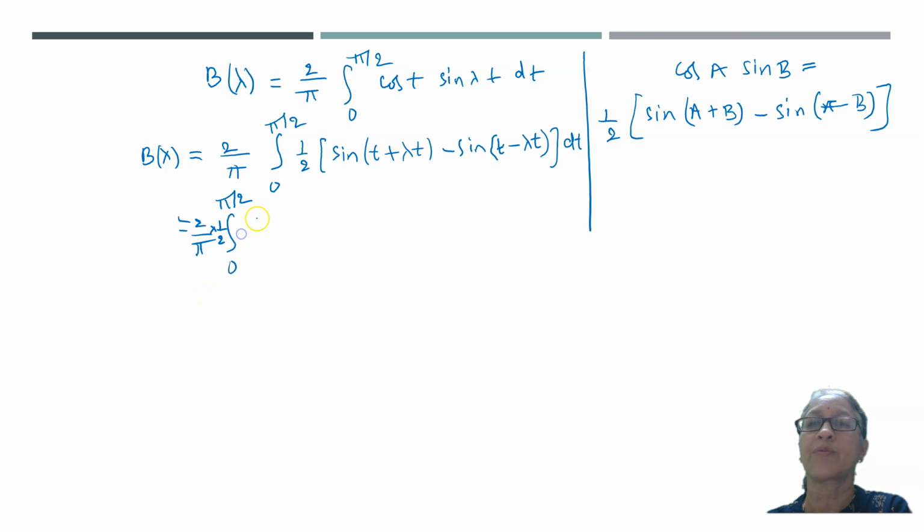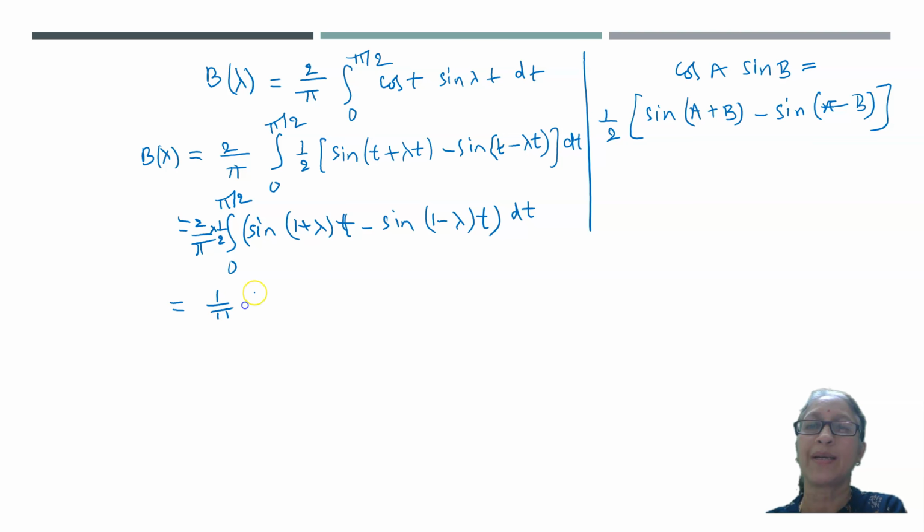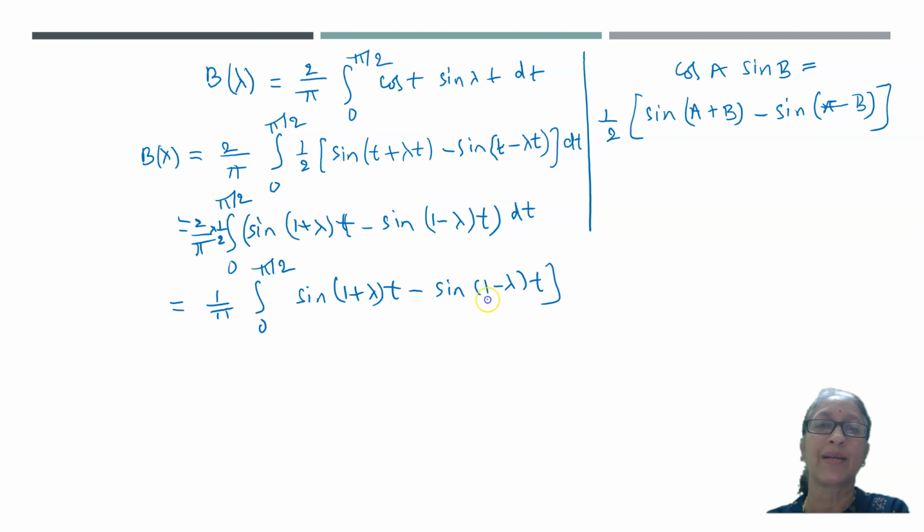Here sine of (1 plus lambda) into t minus sine (1 minus lambda) into t dt, which is equal to 1 by pi integral 0 to pi by 2 sine of (1 plus lambda) into t minus sine (1 minus lambda) into t dt.